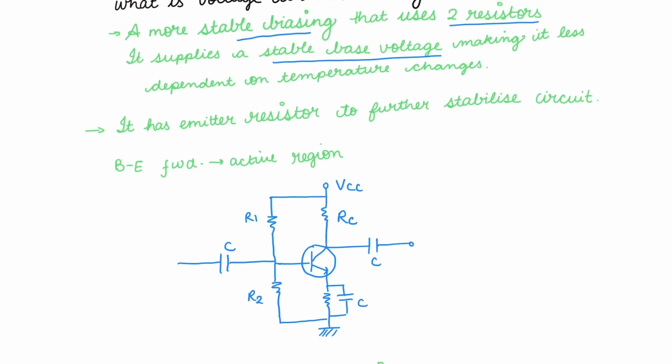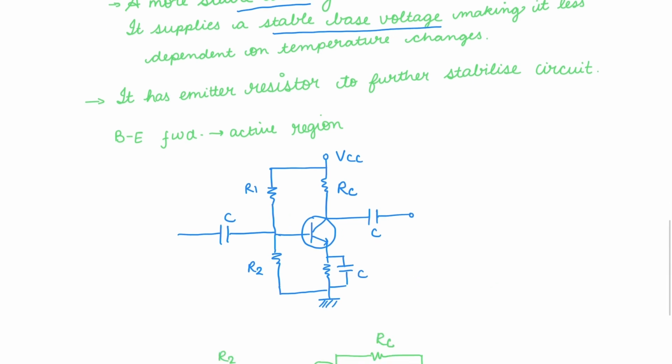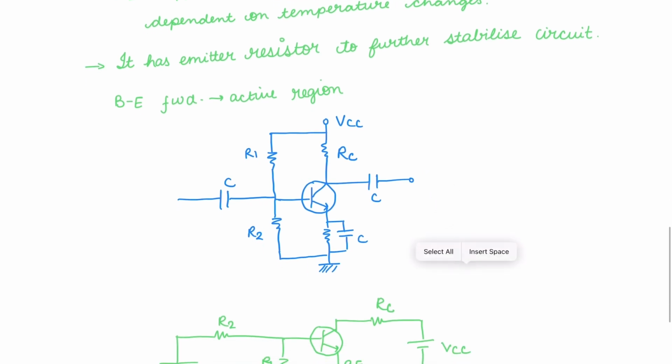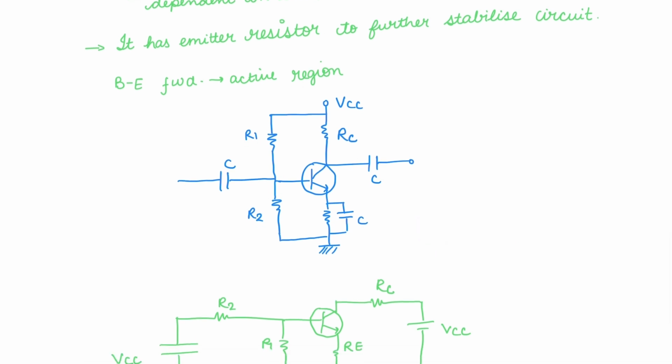In this case we apply another resistance between the emitter and the ground, and we have two resistances from the base, and the equivalent circuit looks something like this. The base-emitter is in forward bias condition, and the entire circuit acts in the active region.